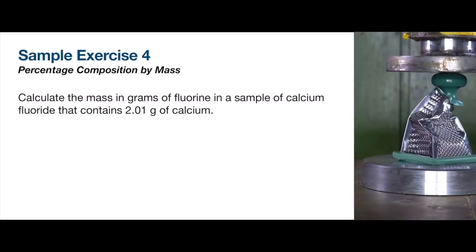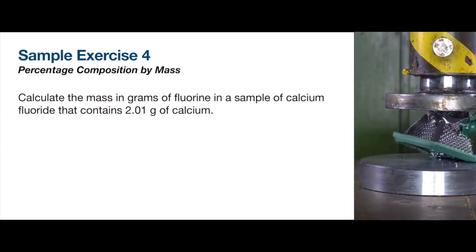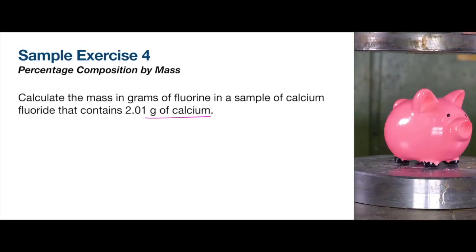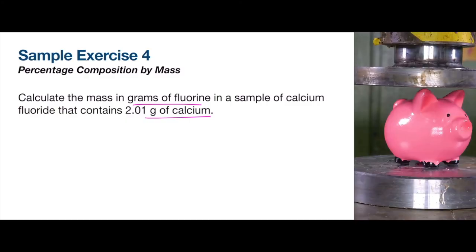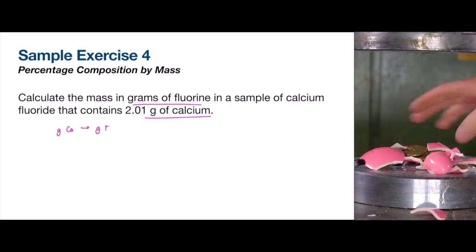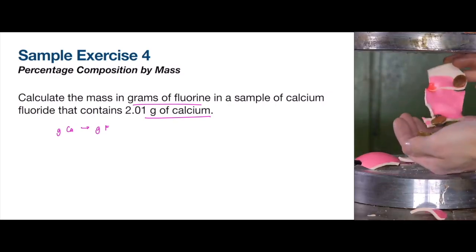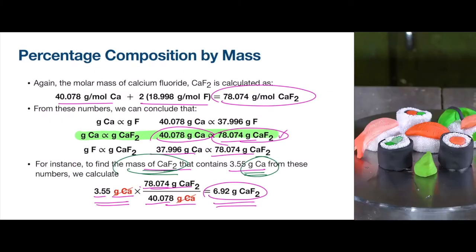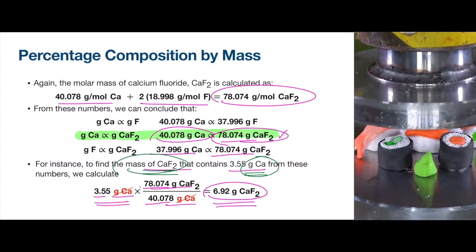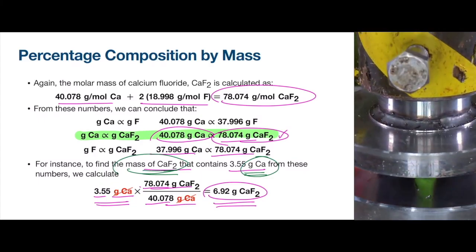As we can see here, our given unit is grams of calcium and our desired unit is the grams of fluorine. We want to turn grams of calcium to grams of fluorine. So going back to the values here, we have a relationship between calcium and fluorine, which is written here.